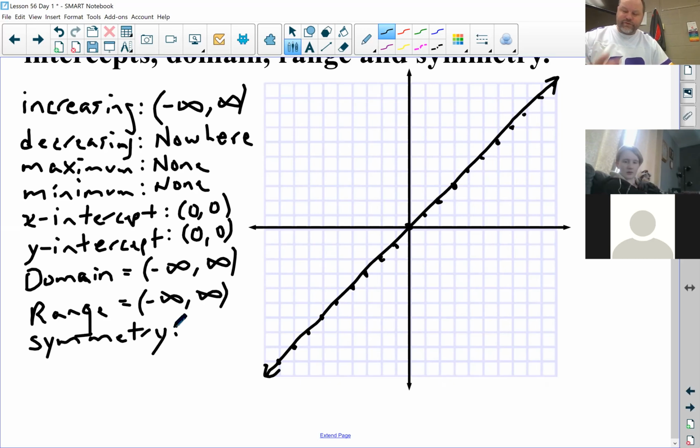So remember that there are two types of symmetry that we've talked about. One is for an even function, it would reflect over the y-axis.